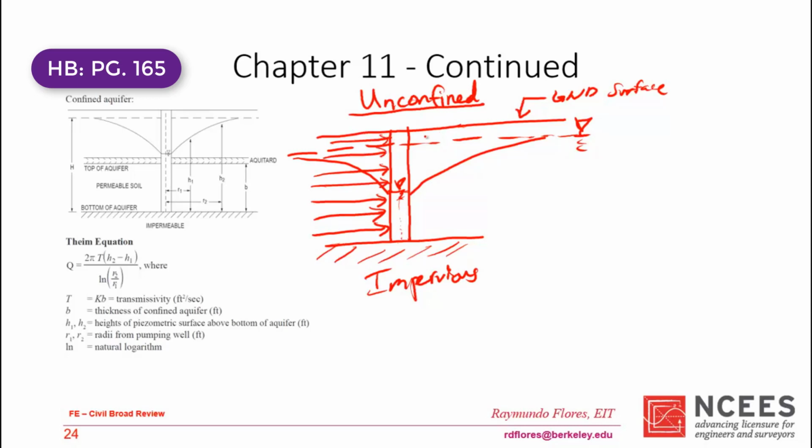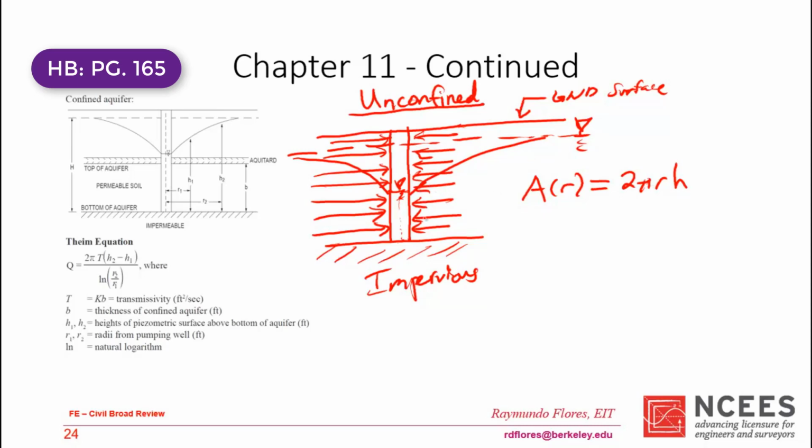All throughout until it gets to the ground surface, of course. So in the unconfined case, you have that the area for the flow is A of R equals 2 pi R times H. And that means basically that your A of R is going to go from here all the way up. Because R is going to be the distance from here to where your water table's at.